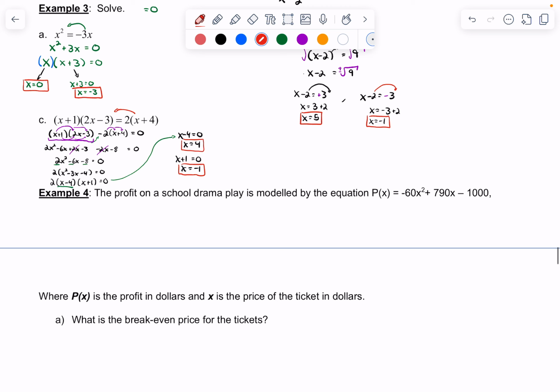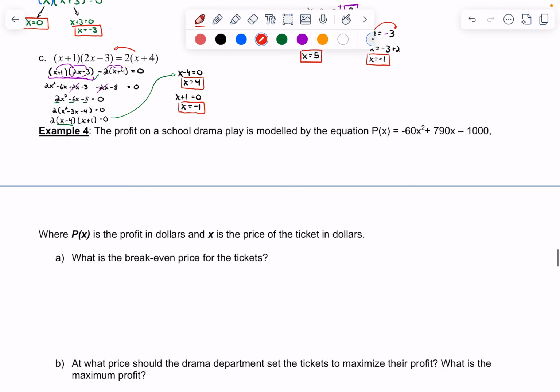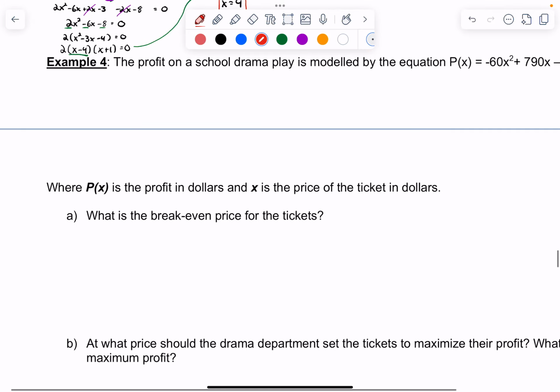But now, let's look at example 4. The profit on a school drama play is modeled by the equation P(x) equals negative 60x squared plus 790x minus 1,000, where P(x) is the profit in dollars and x is the price of the ticket in dollars. What is the break-even price for the tickets? Okay, so this whole break-even price means you're trying to find when P(x) is 0.